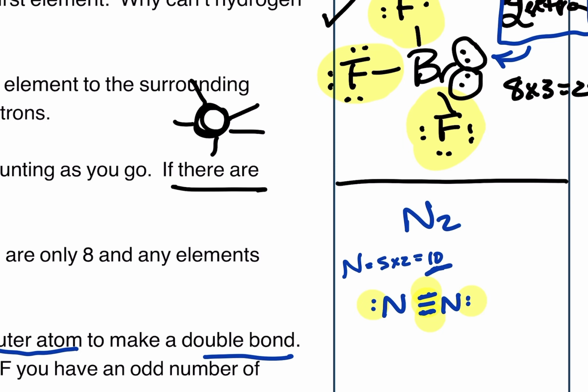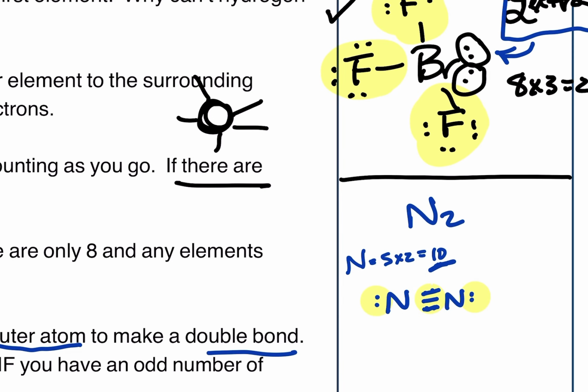So I've still only used those 10 electrons, but now I've been able to move them around so that I've got the right number. Because if you look on this side, I have a total of 8 electrons, and I also still have 8 when I'm looking over at that side. So just be careful when you're adding stuff up when it has double and triple bonds. Make sure you've got it really clear.